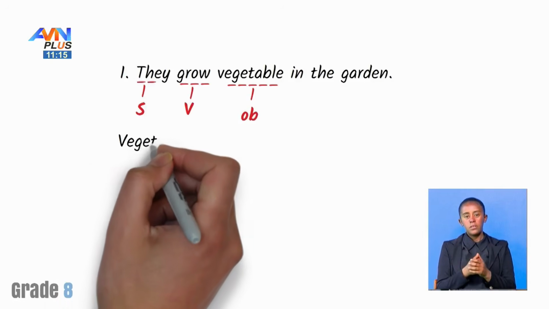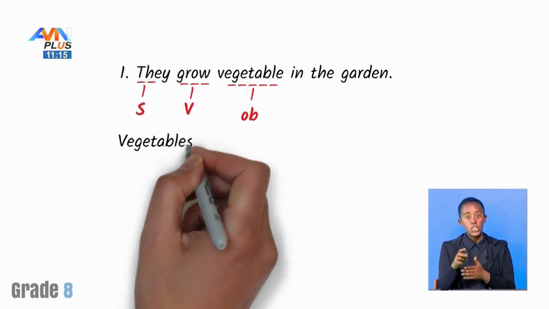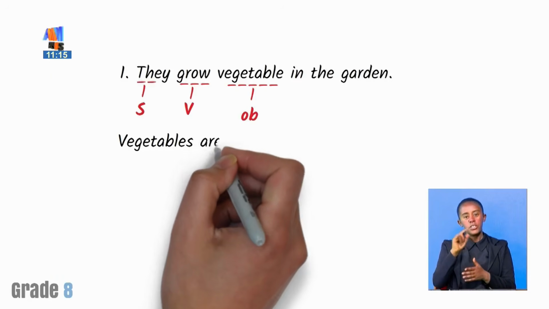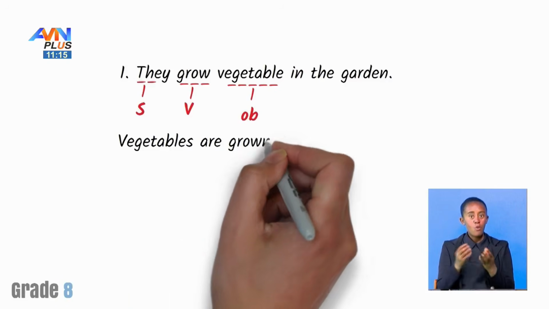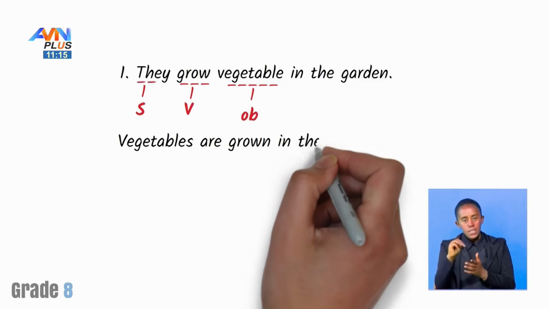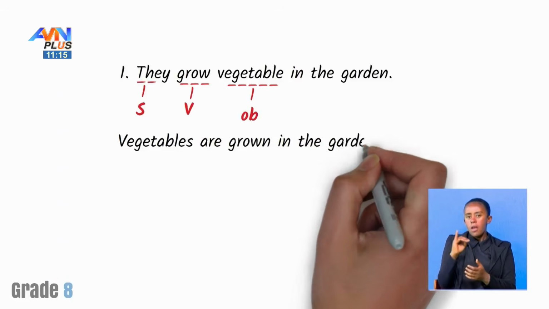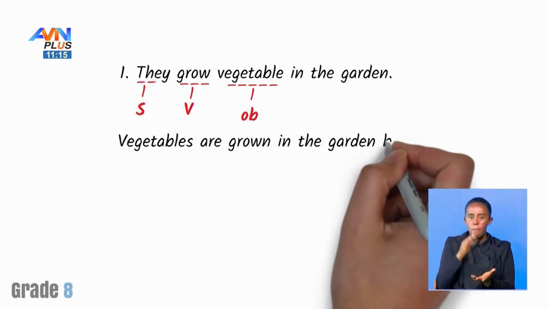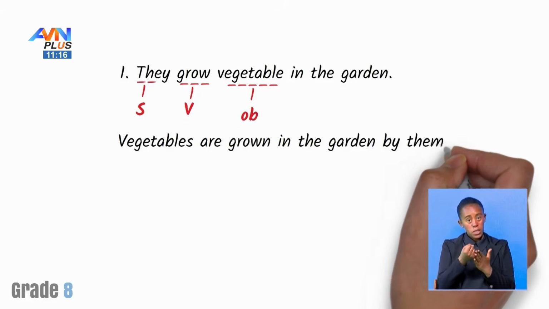This is a passive form. Vegetables, they are plural in number. Good, they are plural in number. The vegetables are grown in the garden. By whom? By them. Now the subject goes to the last position.